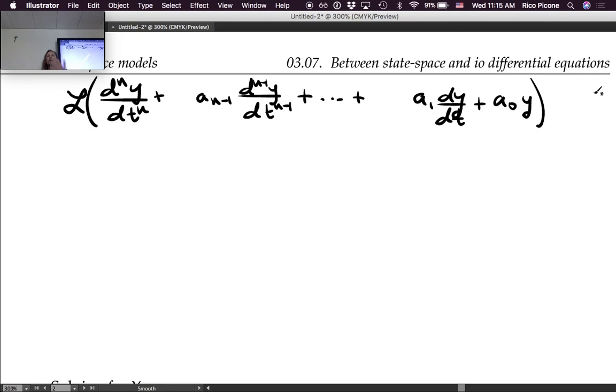So we're going to take the Laplace transform of the left-hand side of the input-output differential equation. The right-hand side, we're also going to take the Laplace transform of.